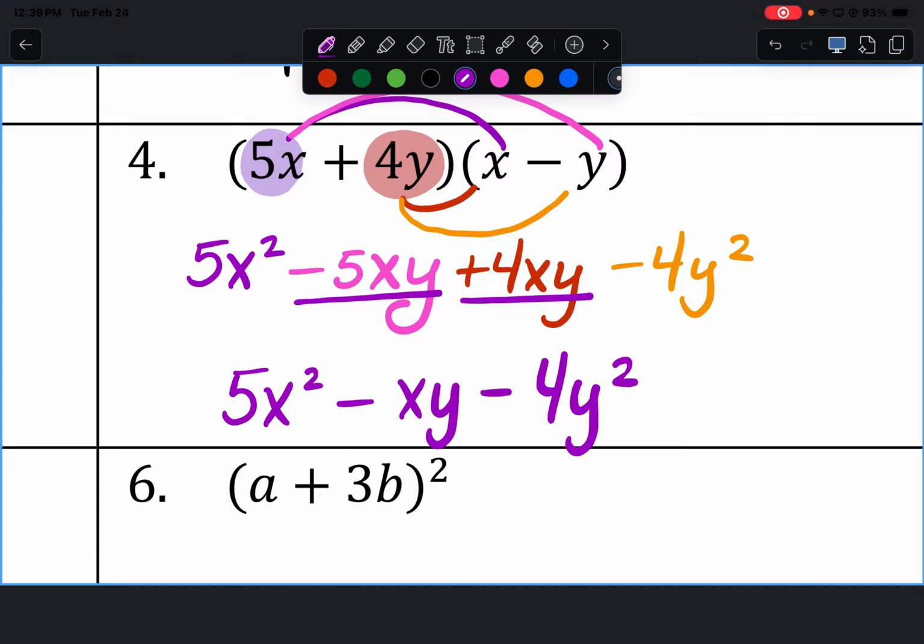Now, I want to talk about number 6 before we do it, because I want to clear up a misconception early that I see happen a lot. If I ask you to tell me what 2a squared is, what is this? 4a squared, right?